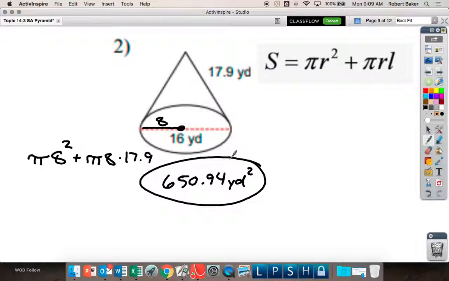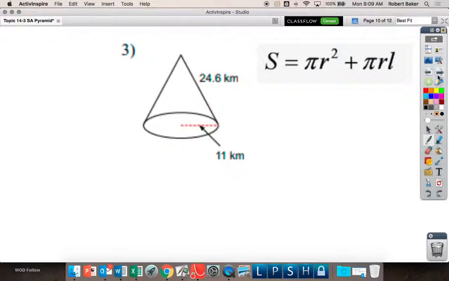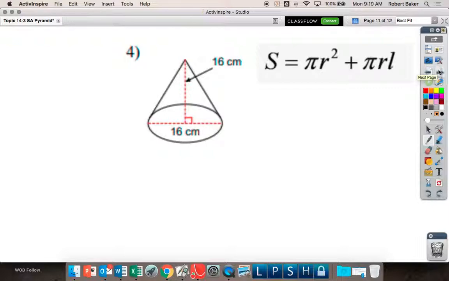Lots of just calculator work. That's how it's going to be pretty much the rest of the unit. All right, same thing here. Pretty straightforward problem. And then here's the last one I want to talk about. Do we have all the information here?